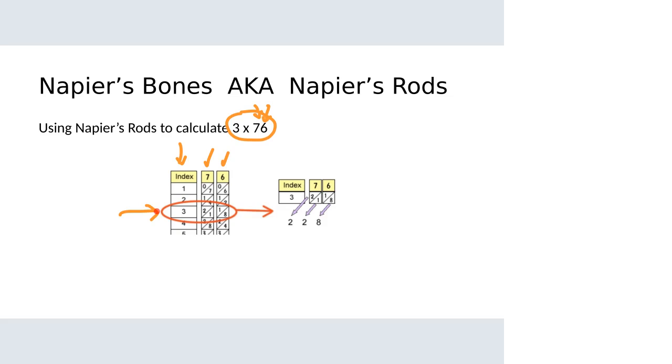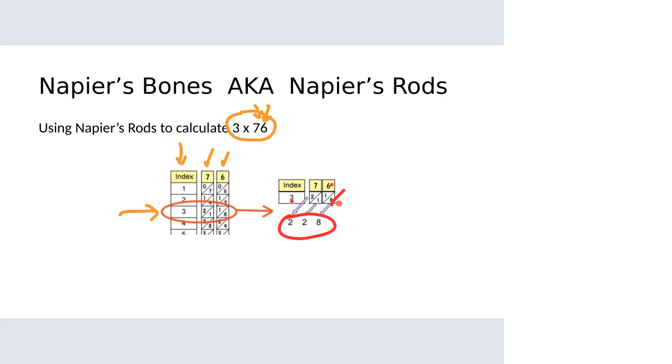And when I look at those, it gives me the multiplication tables right there, and I just need to add now. There's an 8 in the ones column. 1 and 1 makes 2. 2 makes a 2. And so I can see at a quick glance that 3 times 76 is 228, because I see 228 right there in the rods. And it absolutely works. They're pretty neat.